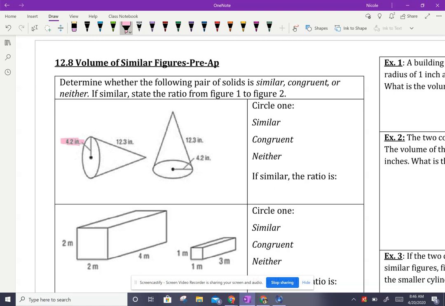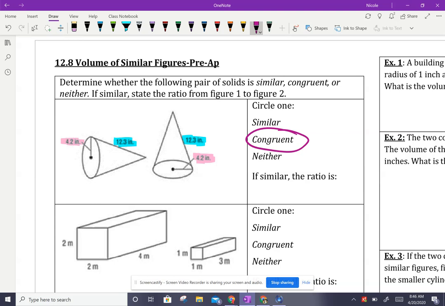So I have 4.2 on the left and 4.2 on the right for the radii of these two cones. And then I have 12.3 on the left and 12.3 on the right. So it looks to me that these are congruent. These have identical lengths of sides or measurements that are provided for us.